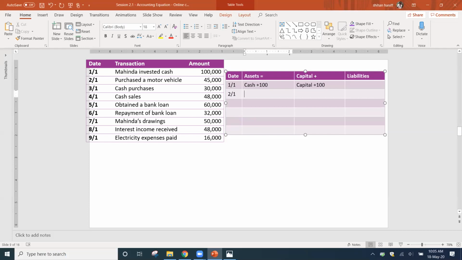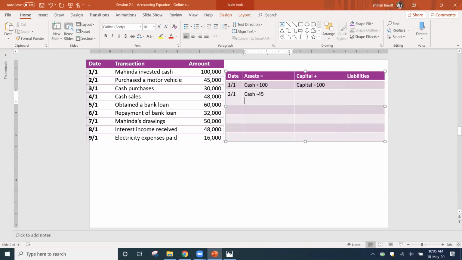Then 2nd of January, purchased a motor vehicle. We are giving cash and buying a vehicle. So cash will decrease by 45 and motor vehicle will increase by 45. So the effect will be only in the asset side. 3rd January, cash purchases.